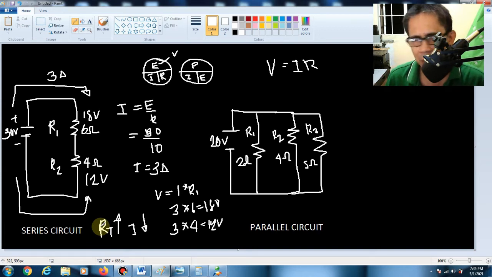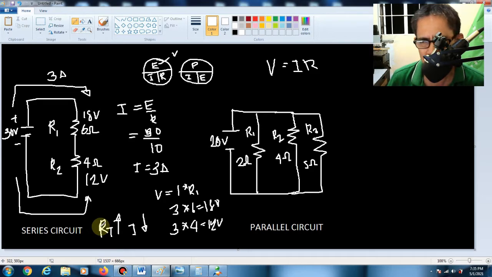Check naman natin ngayon yung parallel circuit. So we have the 2 ohms, R2, the 4 ohms, and the R3, the 3 ohms connected in parallel. Okay? So we're going to find the current flowing in each resistor. So again, we're going to use the Ohm's law formula.